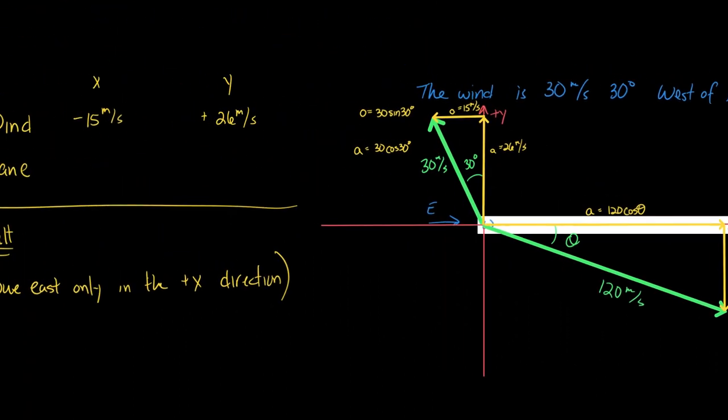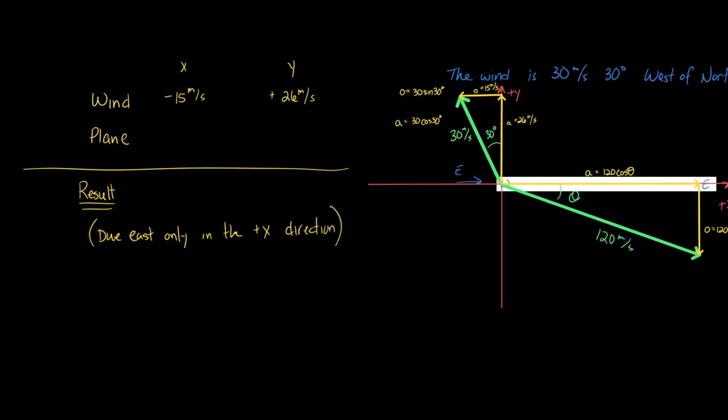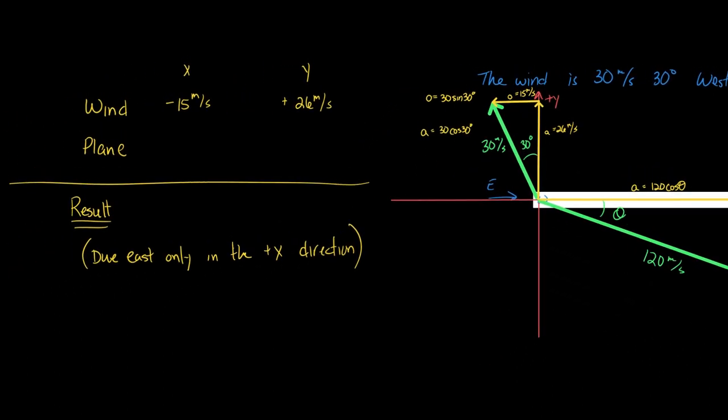It seems to me, looking at that picture, that the x component will be 120 cosine of my unknown angle. And the y component will be minus 120 sine my unknown angle. Are we good so far?